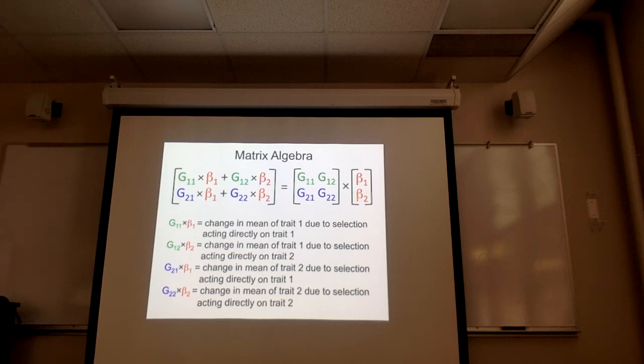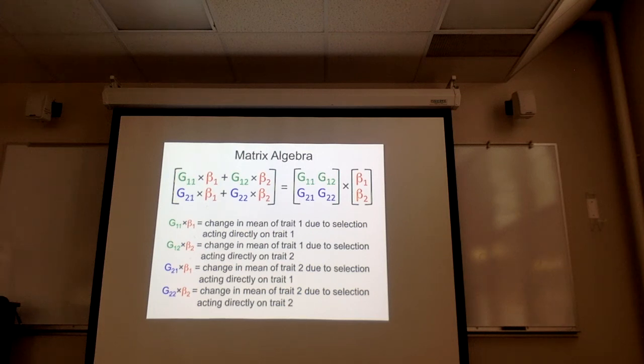You always want to, whether you're doing trait 1 or trait 2, you know where to start because you're predicting what happens with trait 1. So you want the heritability of trait 1, so that's going to be 1, 1, and you want selection on 1. That tells you where to begin. An easier way to do this one down here would be to say, well, I'm looking for the evolutionary response to selection on trait 2. I need to start with G22.